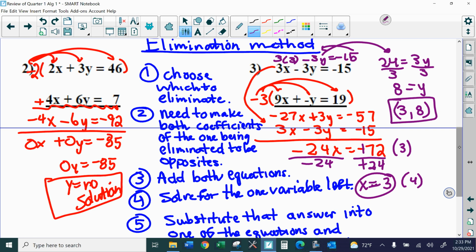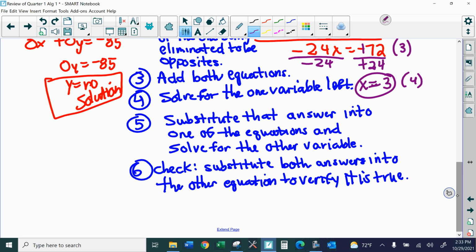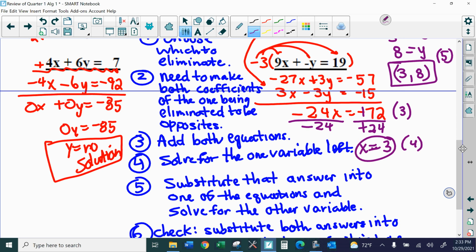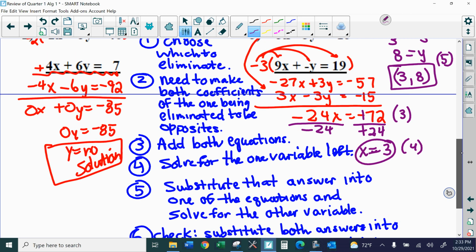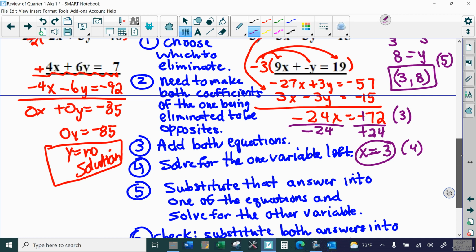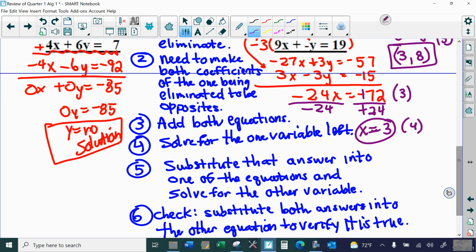Now, step 6, remember, that's step 5. Step 6 is I want to check that answer by substituting both those answers, the 3 comma 8, into the other equation to verify it's true. So now I'm going to plug it into the bottom equation. Do that right down here. 9, the x coordinate is 3, so I have 9 times 3 minus, whenever I substitute in, notice I put parentheses around it.